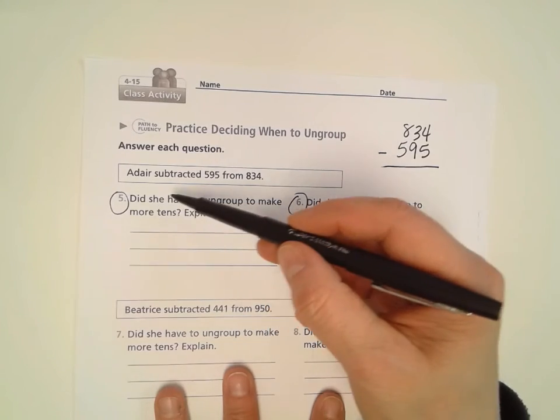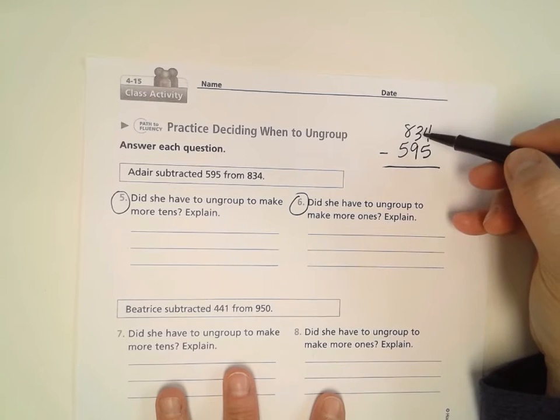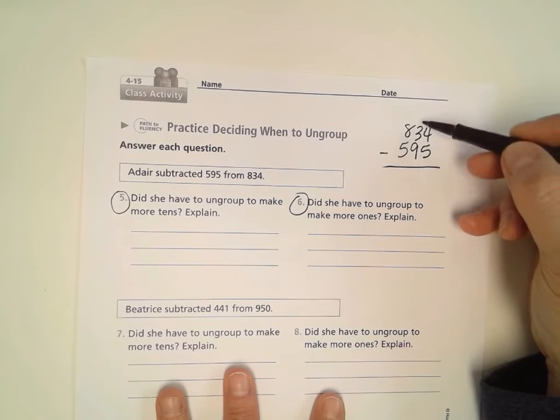So it says, does she have to ungroup to make more tens? Explain. So I'm going to look at 3 tens and 9 tens. And is she going to have to ungroup to do that?